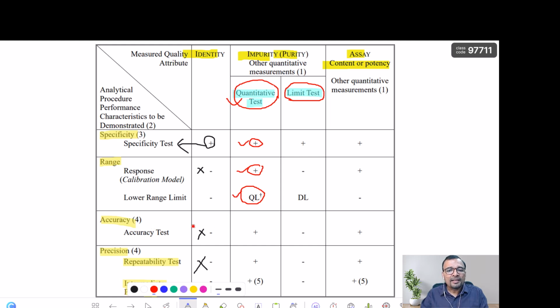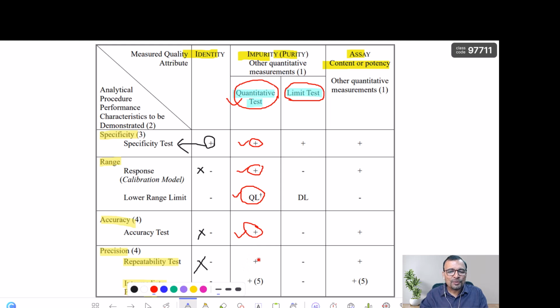What is the other parameter? That is accuracy. And accuracy can be performed at three different concentrations in triplicate, and it could be from the reporting threshold or the quantification level until maybe 120% of the impurity specification. So yes, accuracy also needs to be performed.